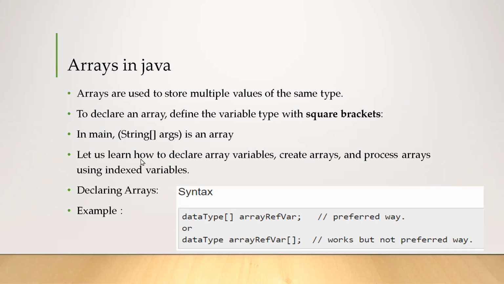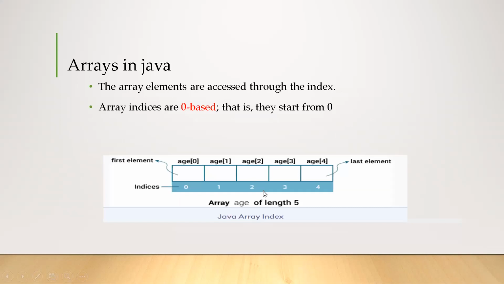Now let us learn how we can declare array variables, create an array and process the array. An array always starts with 0. See, this is how an array will look. For example, you want to store ages, then age of 0, it will start from the 0th position, then first position, second position, 0, 1, 2, 3, it will go on.